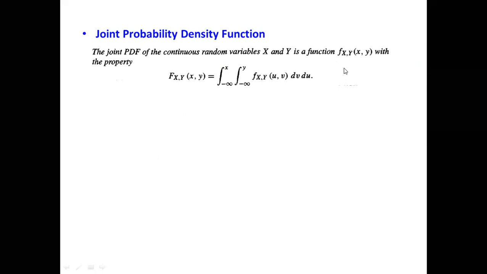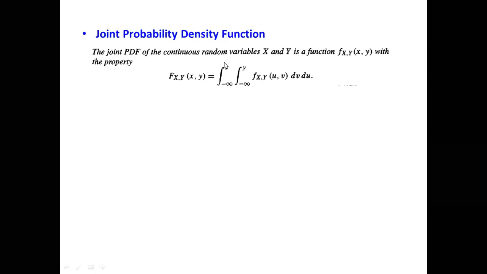Now we are talking about joint PDF, probability density function. So far we are talking about the joint PMF. PMF is what? Probability mass function, and PMF actually is coming from discrete values. That's why we are talking about summation. But now when we are talking about joint probability density function, then we will talk about integration, not summation.